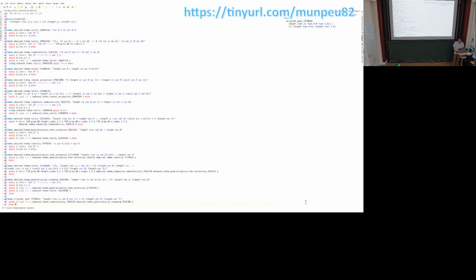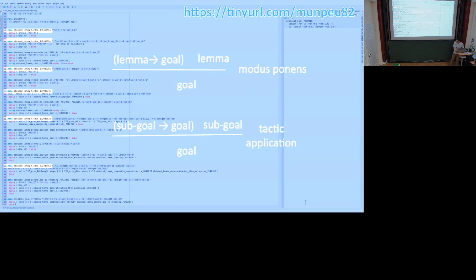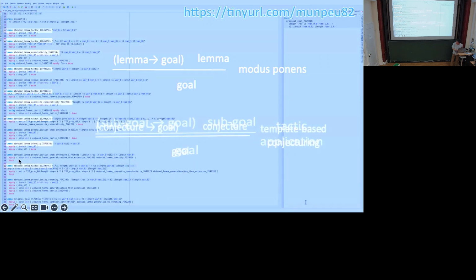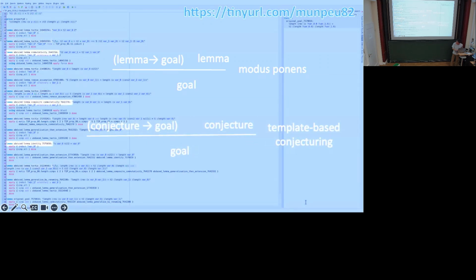Okay, so this is the biggest proof script we produced from TIP06. Yes, some conjectures are produced based on templates.